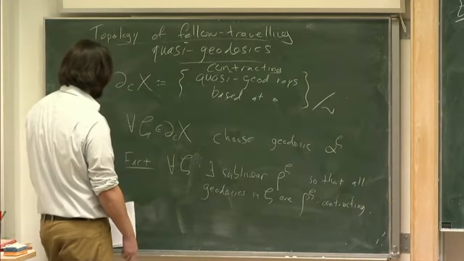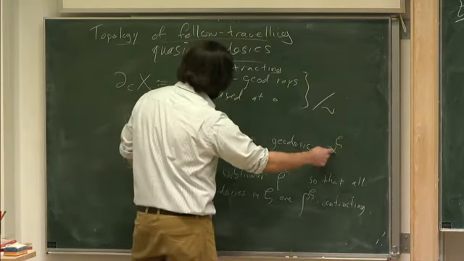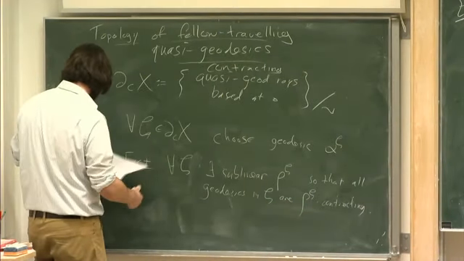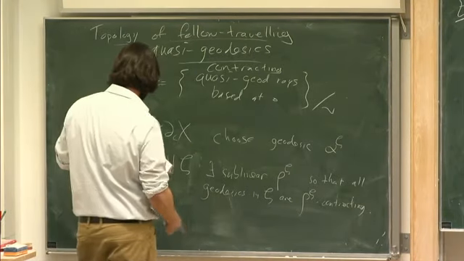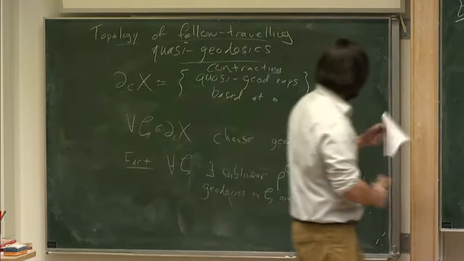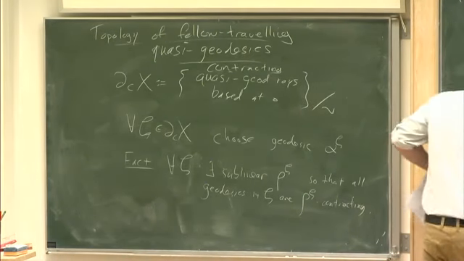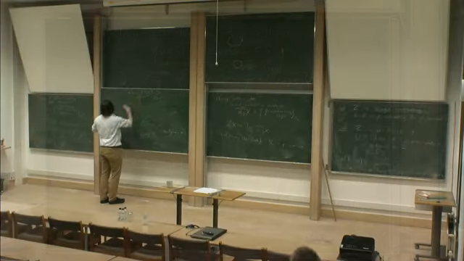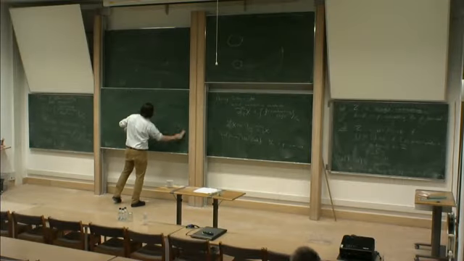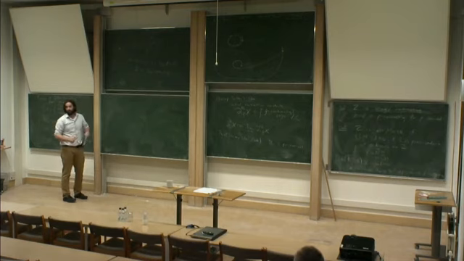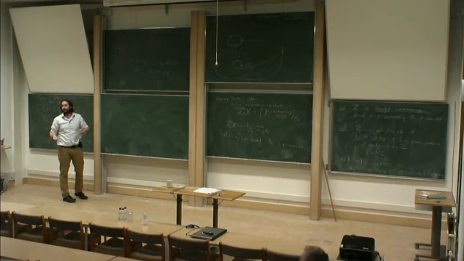Okay, so let's fix that and assume this geodesic then is contracting with function rho of zeta. All right, so now I'm going to try to define a neighborhood in what's going to be a topology. And in fact, it turns out that it is a neighborhood in what turns out to be a topology.